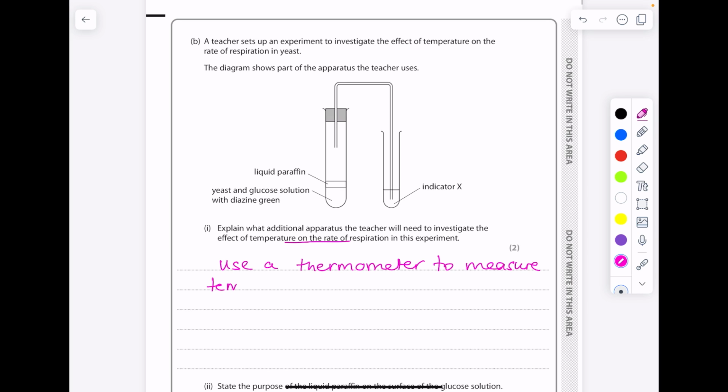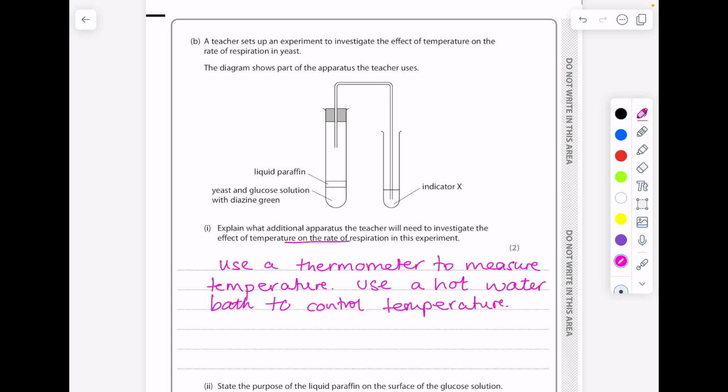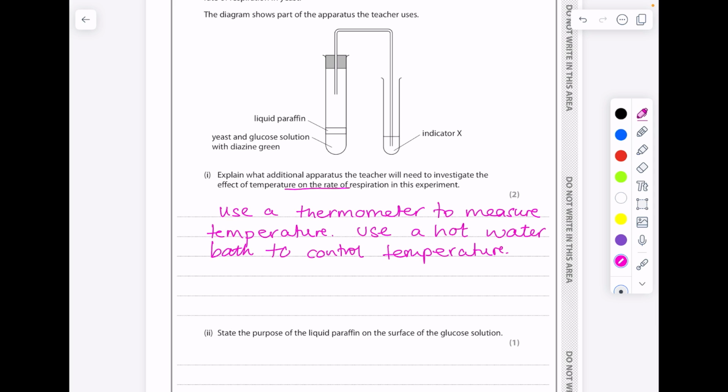We need a way of controlling the temperature, so a hot water bath. And then lastly, it's this point about the rate of respiration. Rate always indicates time, so you need a stop clock.